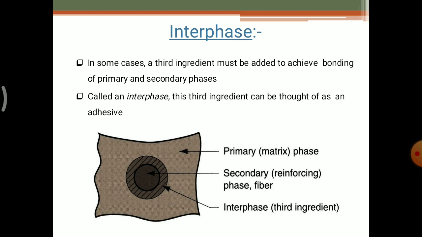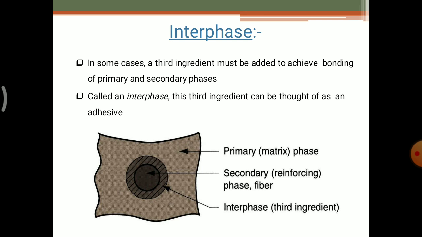The remaining part is the primary phase. Sometimes it is called the interface, which is a composition of the third ingredient, and this can be thought of as an adhesive also, which is a composite of different types of bonding. So here we are using the third ingredient as an adhesive.